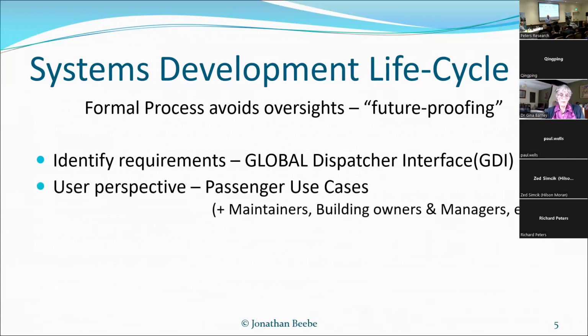It takes initially a perspective from the user's point of view, develops passenger use cases, which are step-by-step descriptions of how the user would use this system. But it's not just limited to passenger use cases. It includes the maintenance teams, building owners, managers, etc. So you're building up a catalog of who's going to use the system and what they intend to use it for and how they will use it.